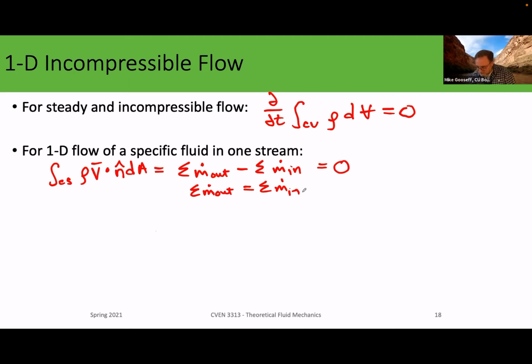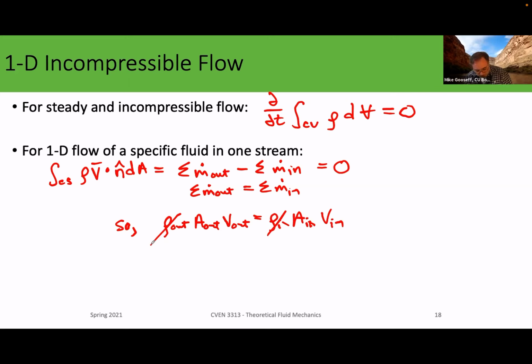And we could then expand these out and say rho out, A out, V out, where V is the mean velocity, is equal to rho in, A in, times the mean velocity in as well. And we know that these two rhos are equal to each other, so they cancel out.